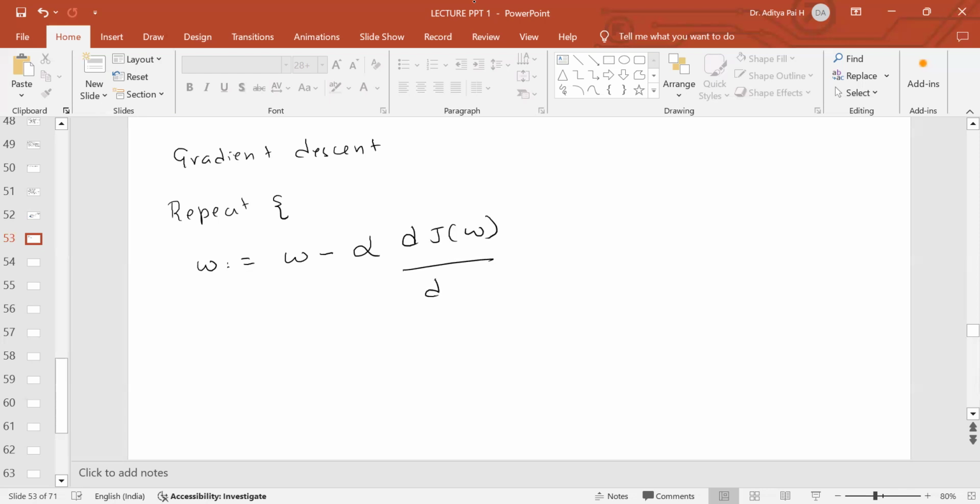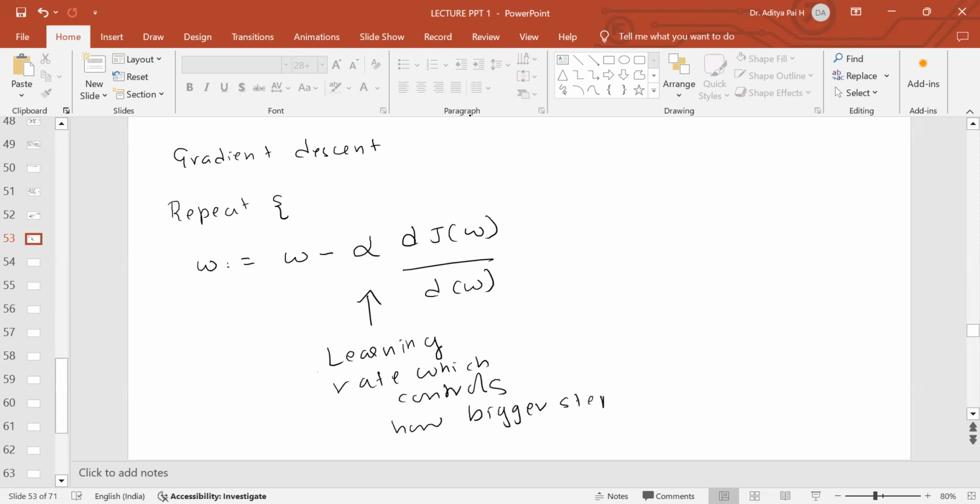Here alpha is nothing but the learning rate, which controls how big a step we can take.